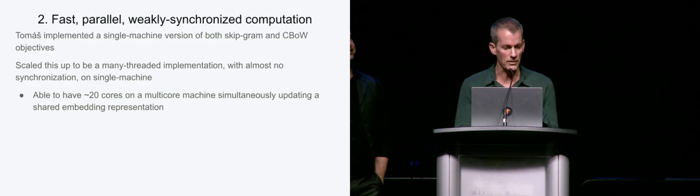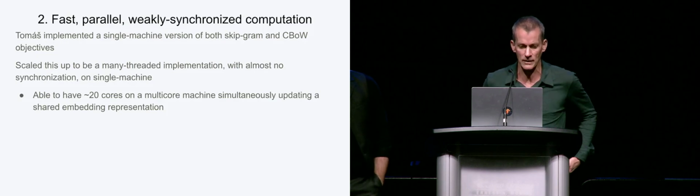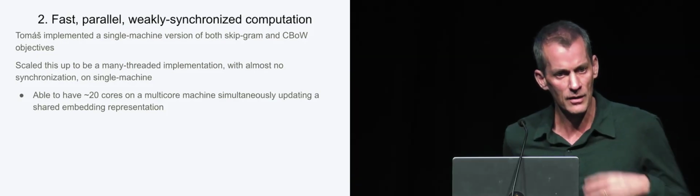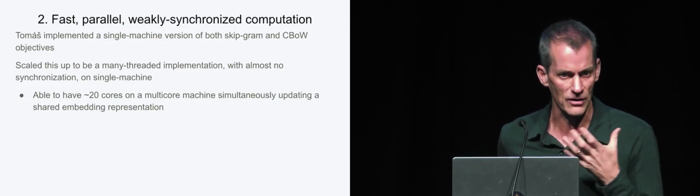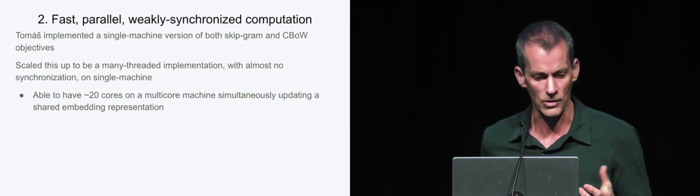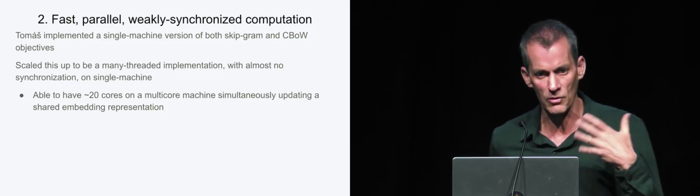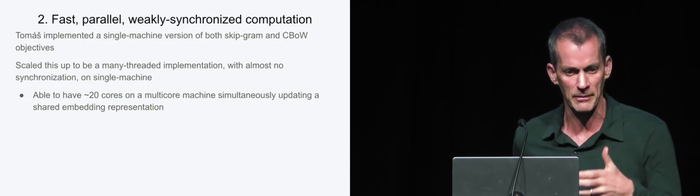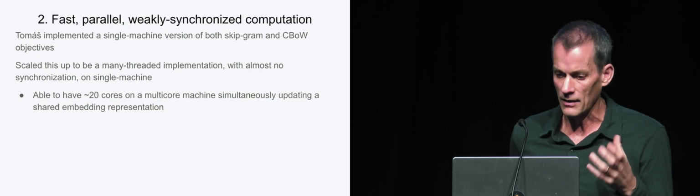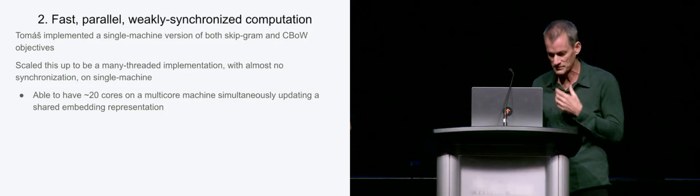So I think one of the things that we really explored in this work, and work we were doing concurrently with this, is how effectively could we make weakly synchronized asynchronous updates to a large model work. And Tomas, our first author, had been exploring these word embedding ideas in a single machine version that he implemented in C of both the skipgram and the continuous bag of words objective functions.